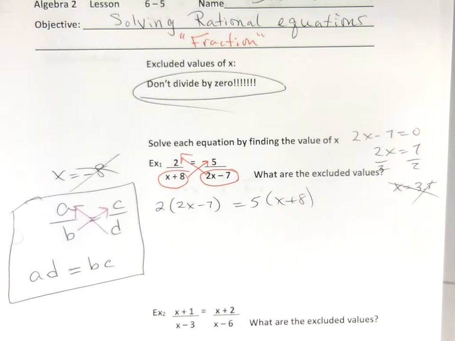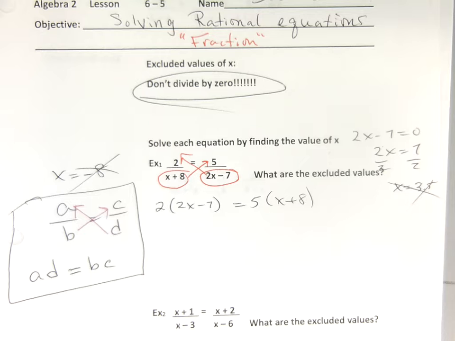The fraction's gone. So I just multiply 2x minus 7 up and over, and I multiplied x plus 8 up and over. Thumbs up? No more fraction, right?